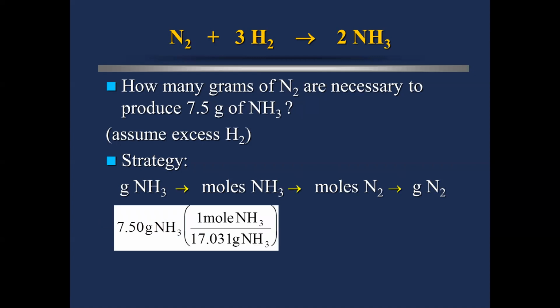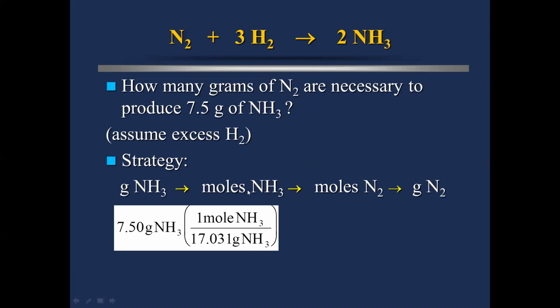Give you a review. The question is how many grams of nitrogen are necessary to produce this many grams of the product. The strategy is, from the grams of this product, we can calculate the moles of this product. Just divide by the molar mass.